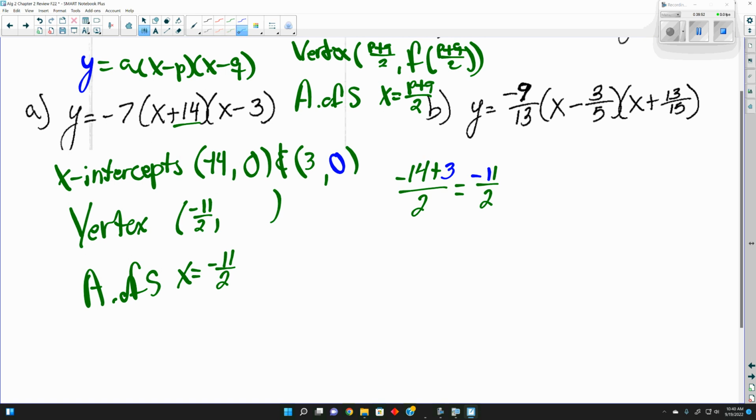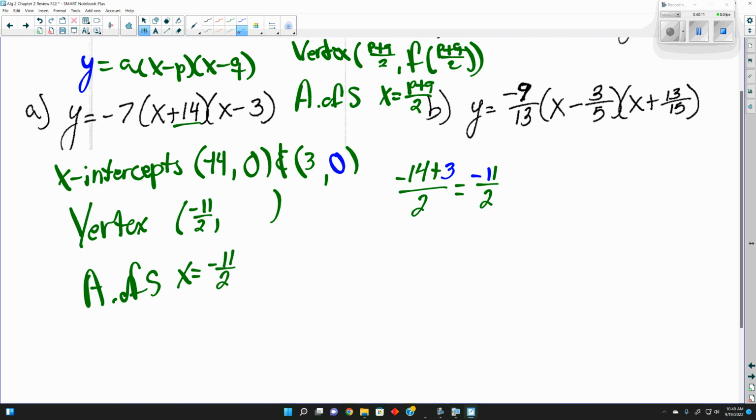Any questions on this so far? Really all we've done is what? Found p and q, plugged them in for the x-intercepts, and plugged them into the equation to find the x value of the vertex. And the axis of symmetry has the same value as the x value of the vertex.